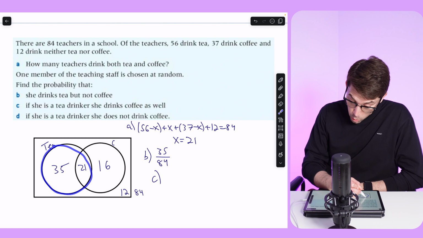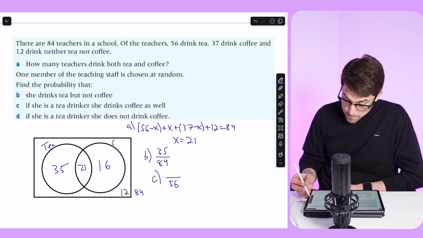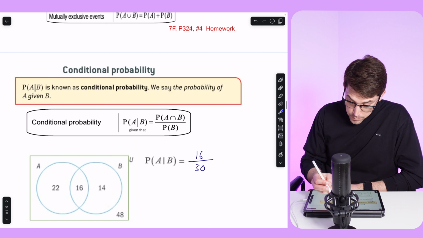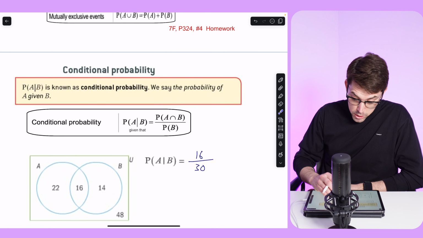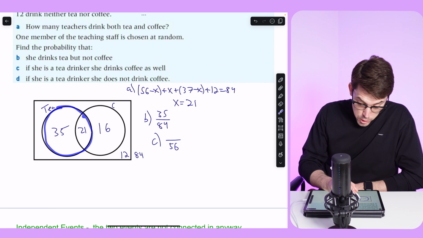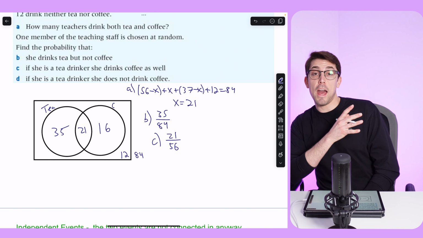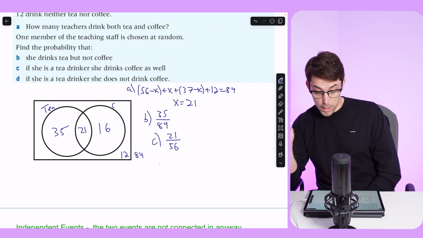That gives me a total of 56, meaning that my new denominator is 56. Again, you can use the intersection formula here, or you can just realize that we are limiting our choices to this specific circle, and the ones that drink coffee would be 21. That gives me the probability that, given I have a tea drinker, they drink coffee as well.